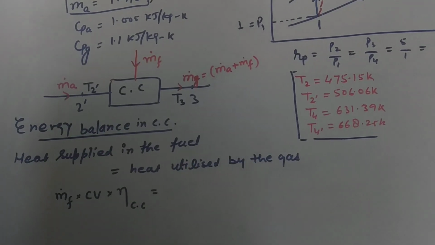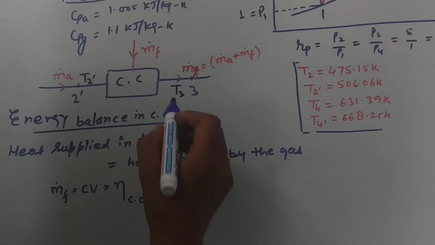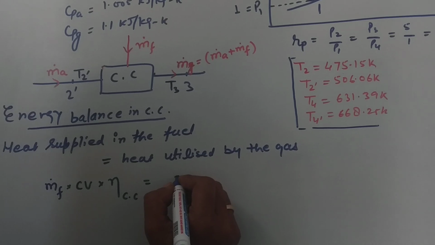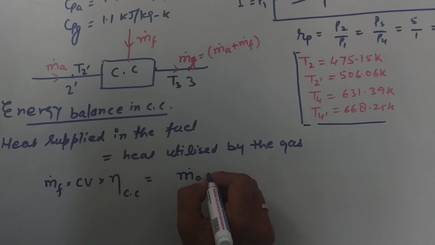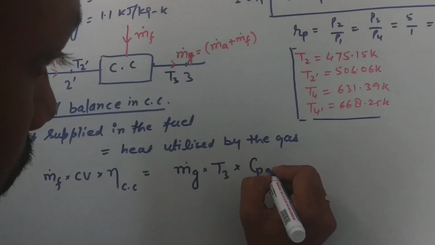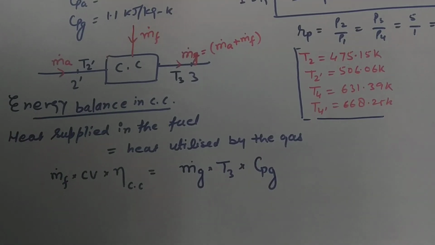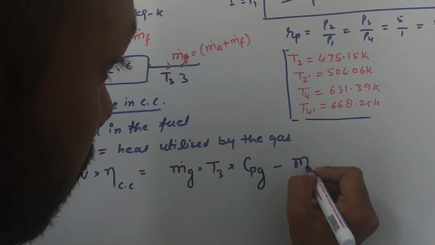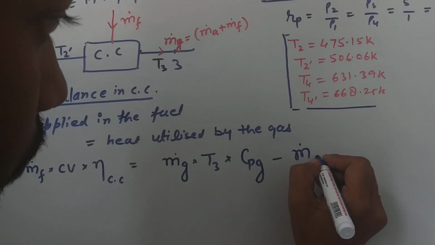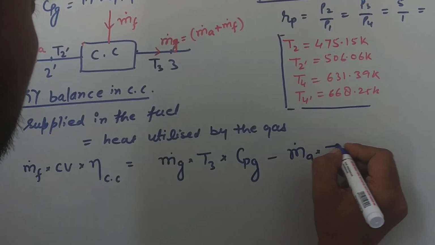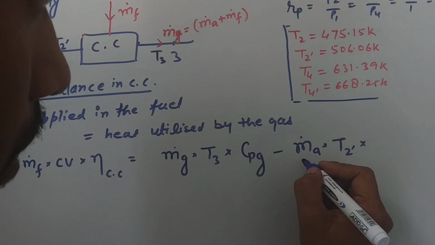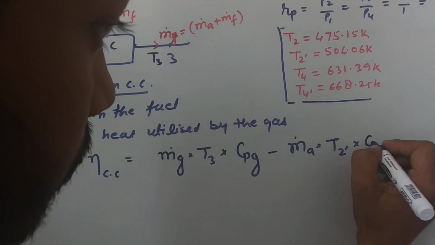Heat utilized by the gas after combustion is mass flow rate of gas multiplied by Cp of gases multiplied by T3, that is mCp delta T, minus, before entry to the combustion chamber, mass flow rate of air multiplied by T2 dash multiplied by its specific heat, mCp of air.